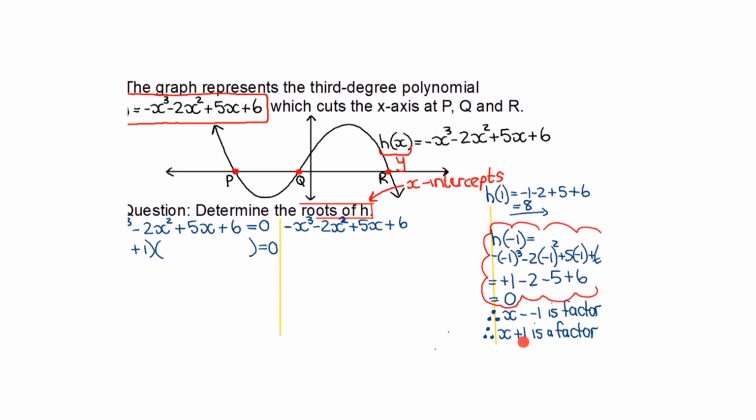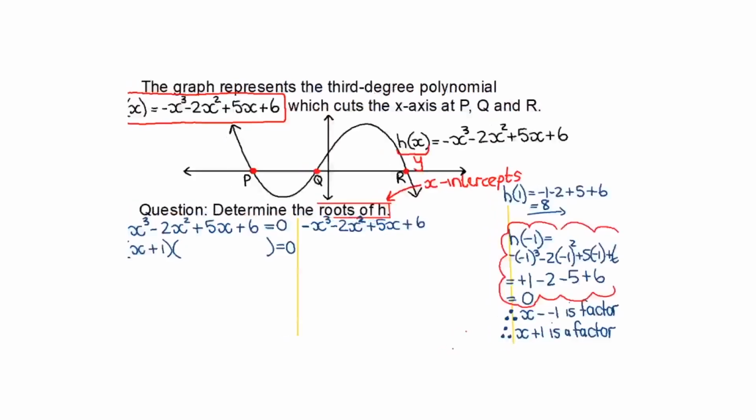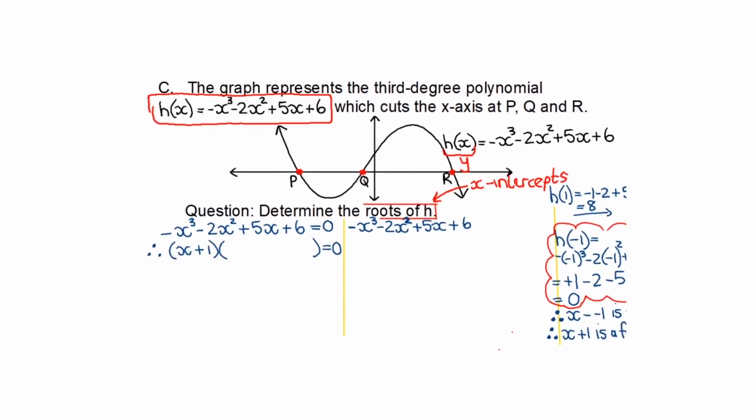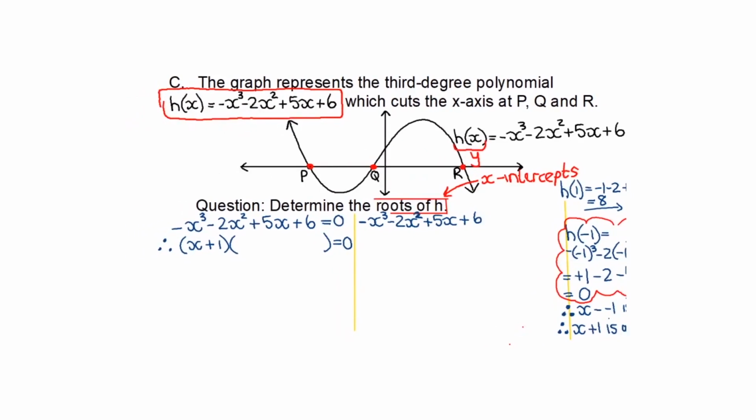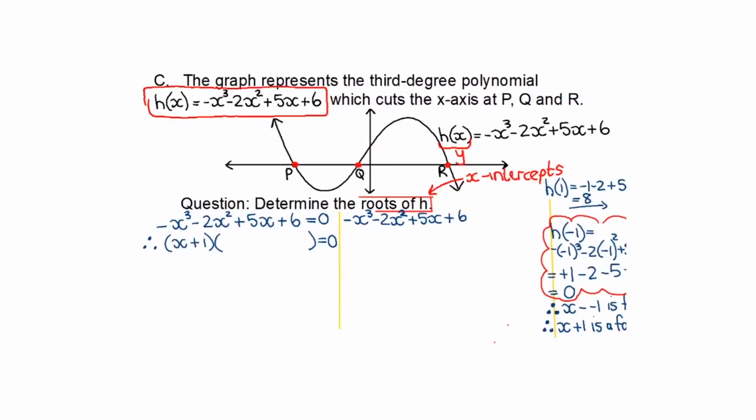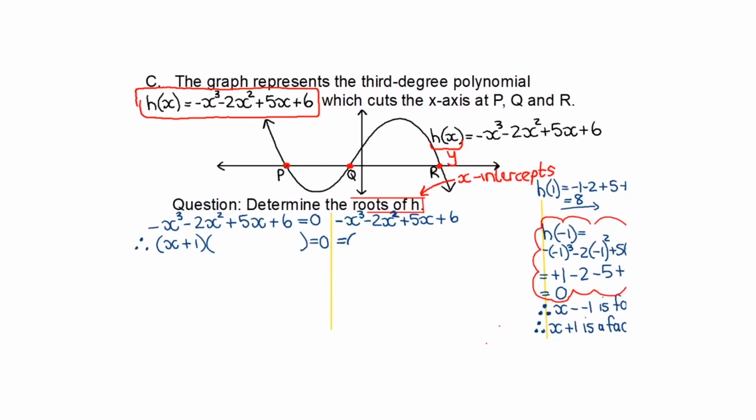So if x plus 1 is a factor, I can go back and say, I know one of the factors is x plus 1. So now, this function that I have, those 4 terms, must be equal to x plus 1 times a certain ax squared plus bx plus c.